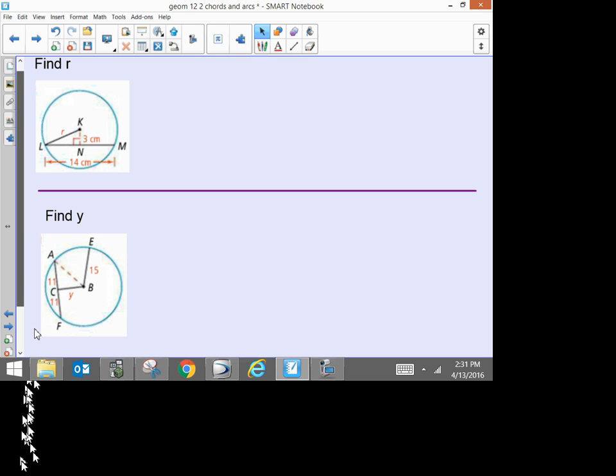Okay, you've got the right triangle, right? If it goes to the center and it's perpendicular, then remember the chord is bisected. Okay, that helps. Yeah, we wouldn't do that.